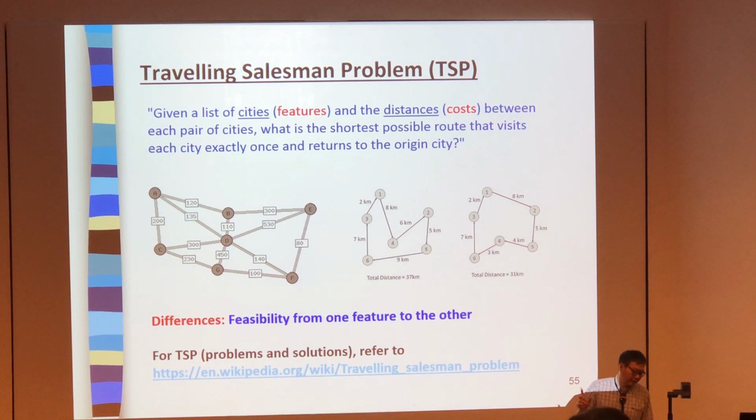Even nowadays, there are still people trying to find better solutions. There are so-called internationally recognized benchmark problems, like 50 cities or 70 cities. If you have a solution algorithm, you can test your algorithm against those existing solutions.